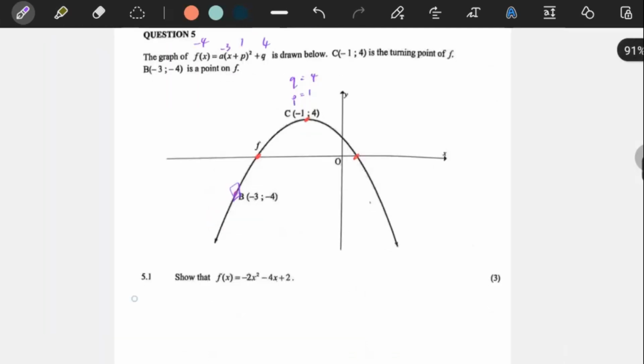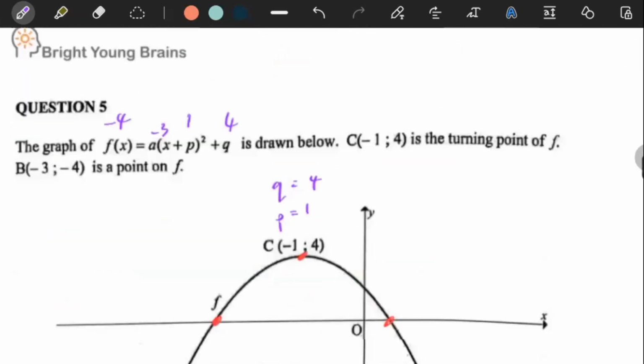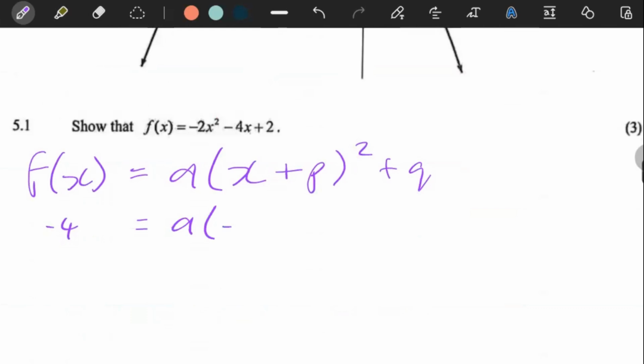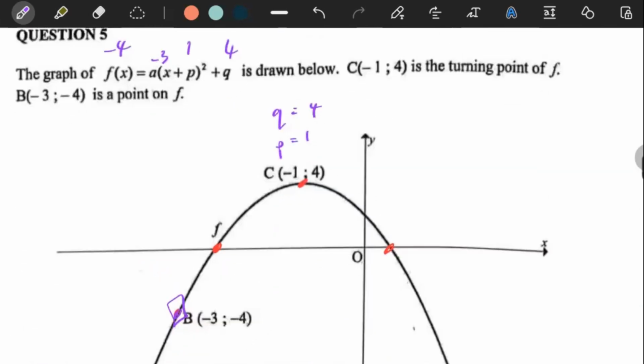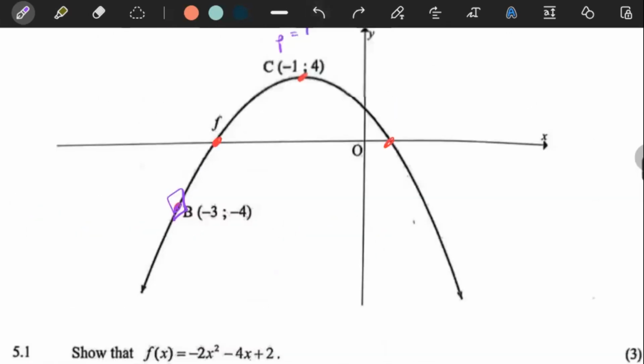You see, straightforward. We're going to say here, well, rewriting the equation seems appropriate, so that your examiner knows where you're subbing in all that information. But anyways, nonetheless, we say y is negative 4, x is negative 3, p is positive 1 because you put the opposite in the equation, and then q is positive 4.